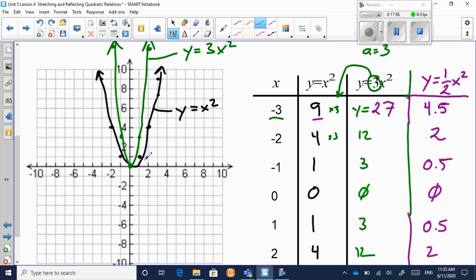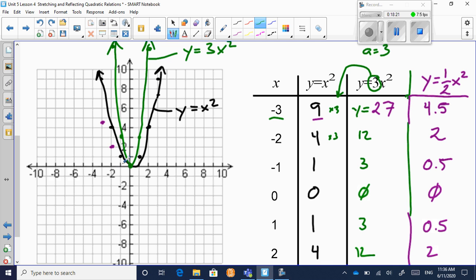So here we go. If it was at negative 3, it would be at 4.5, so it's right there. Oh, I think I went to the wrong one there. Let me fix that up. Here it is, negative 3, it would be negative 4.5. If it was negative 2, it would be 2.